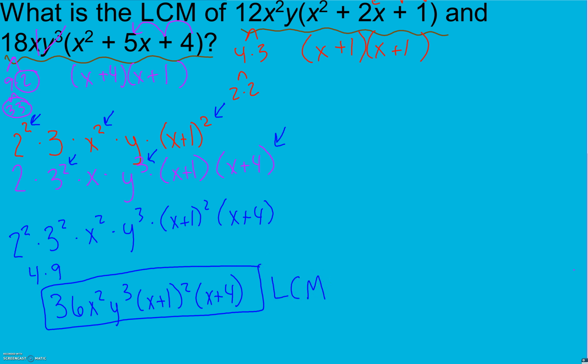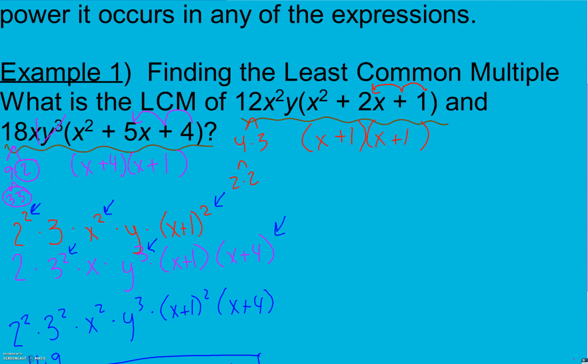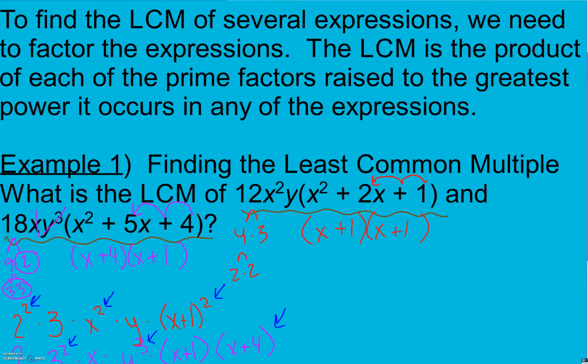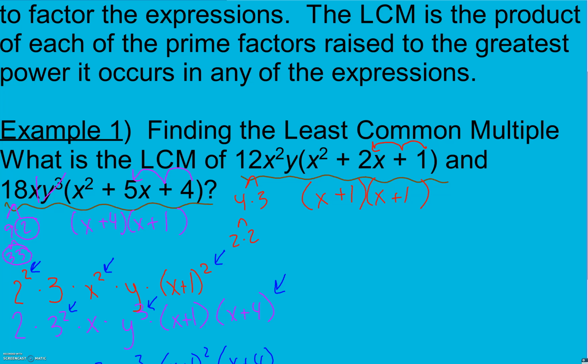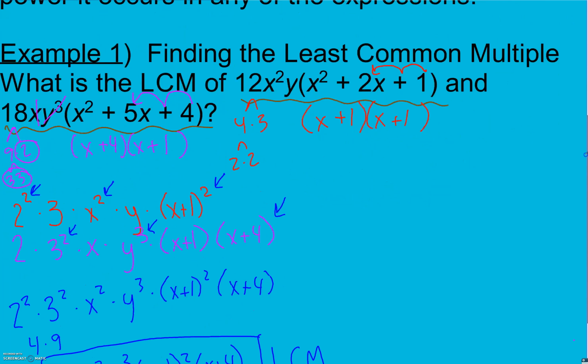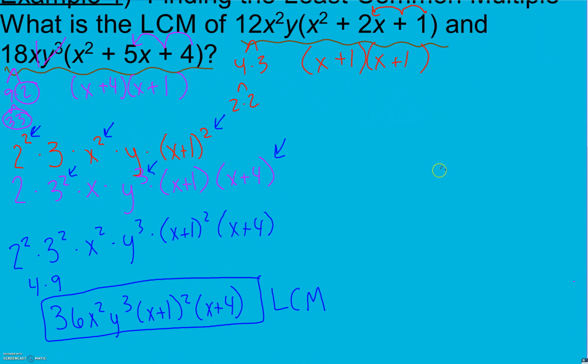So up here, when I said that we take the product of each of the prime factors raised to the greatest power it occurs, what that means, guys, is that we break them down into prime factors. We multiply them all together.